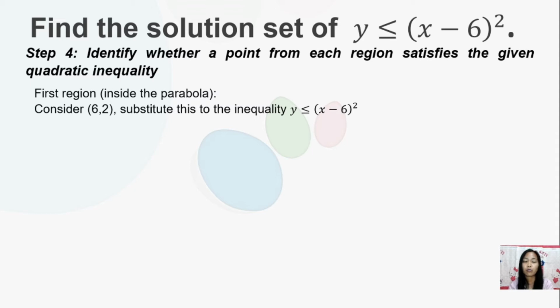We substitute this to the inequality y is less than or equal to the square of x minus 6. Therefore, we have 2 is less than or equal to the square of 6 minus 6. Therefore, we have 2 is less than or equal to 0, which is a false mathematical statement.